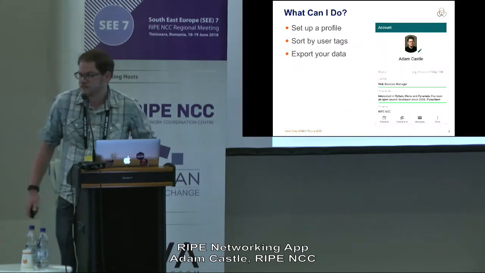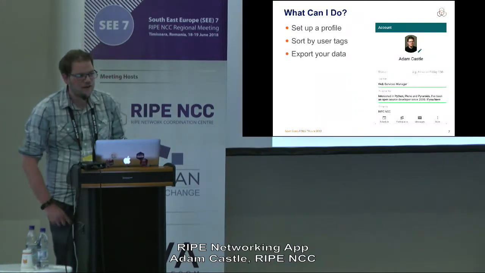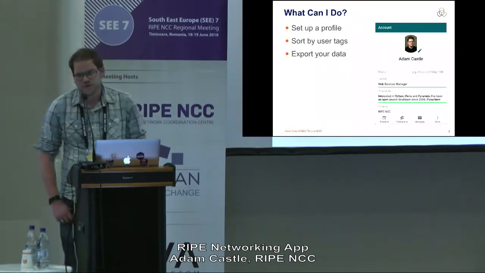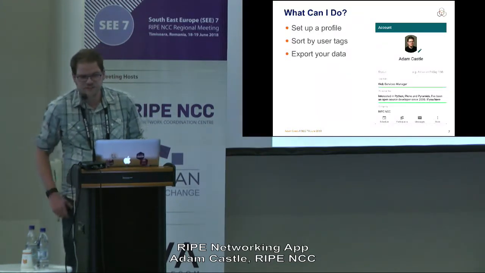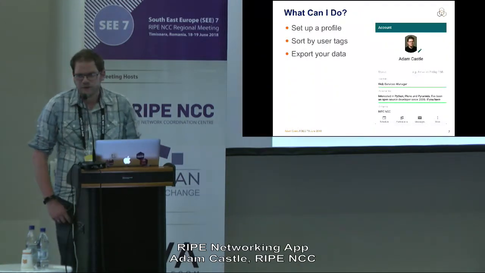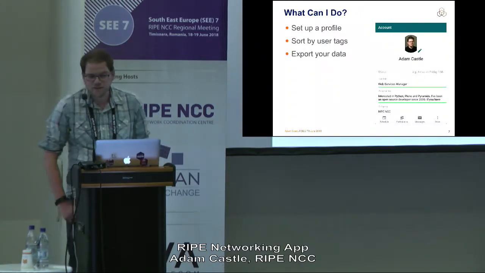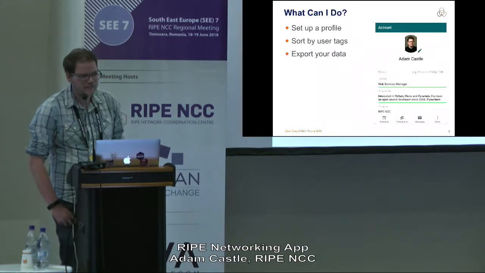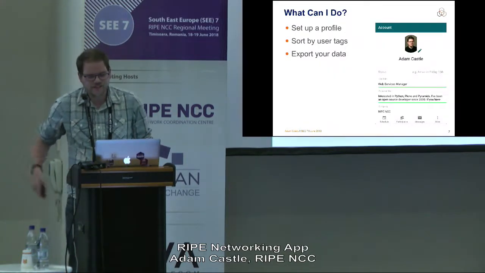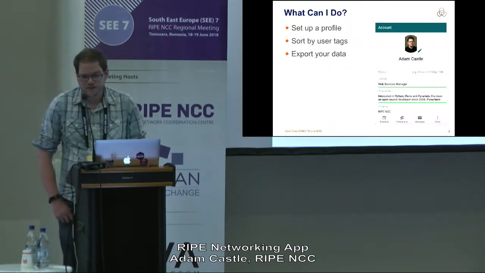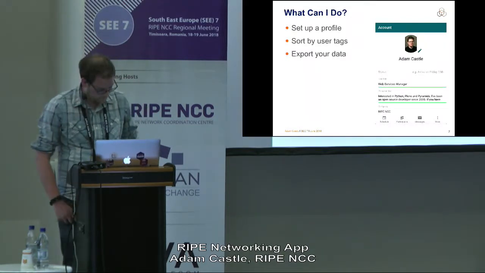I should note that if you've used the app at a previous meeting, like RIPE 76 or ENOG 15, for example, you will need to log out at this point and switch to the C7 event to see the agenda.